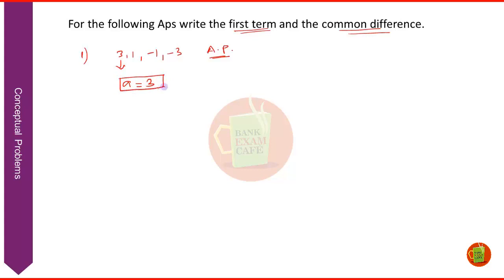Now we have to find the common difference, that is D. It is given by T2 minus T1, second term minus first term, or third term minus second term, or fourth term minus third term. So T2 minus T1, T2 is 1 minus first term 3, so it is equal to minus 2. So the first term is equal to 3 and the common difference is equal to minus 2.